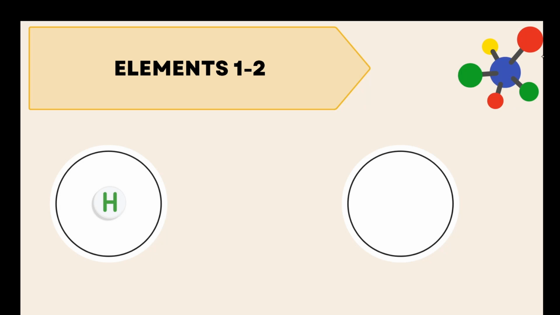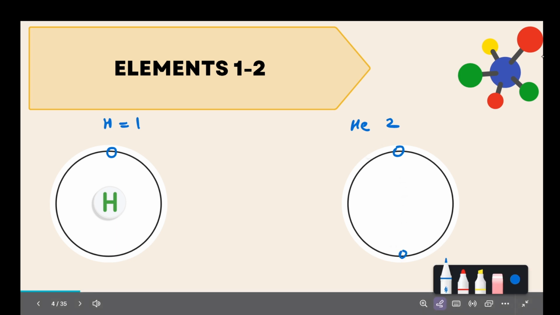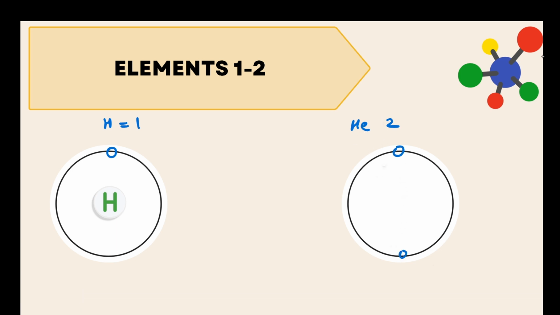Because we are dealing with the first 20 elements for class 8th, we'll just discuss the configuration. Hydrogen, its atomic number is 1, so its electronic configuration will be 1. The 1 electron moves to the shell that is closest to the nucleus. This is the nucleus of hydrogen. And helium, its atomic number is 2, so the 2 electrons will be present in the shell of helium.